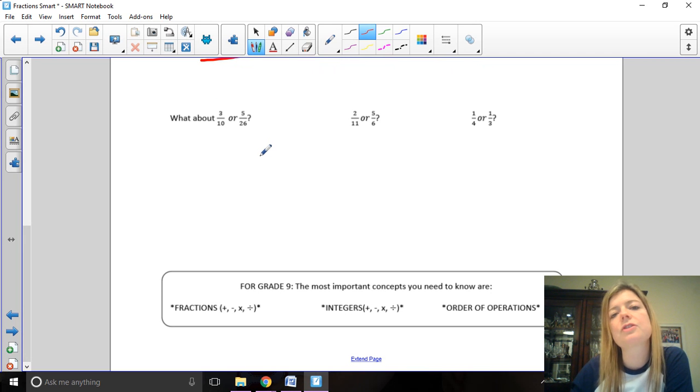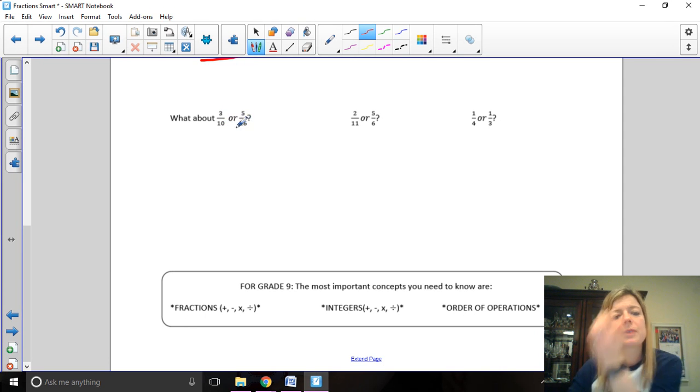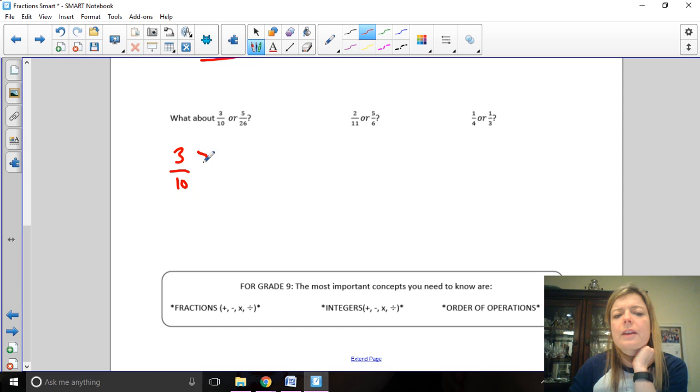So we have to kind of just use our heads and think. What's bigger, 3 out of 10 or 5 out of 26? Okay, so 3 out of 10 isn't a lot, but 5 out of 26, well, 26 pieces is a lot of pieces, and 3 really isn't much of them at all. So 3 of 10 pieces is actually going to be bigger than 5 of 26.